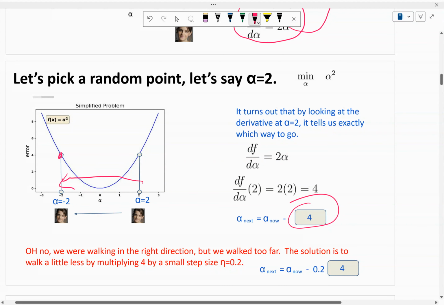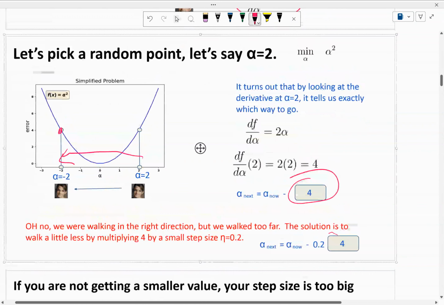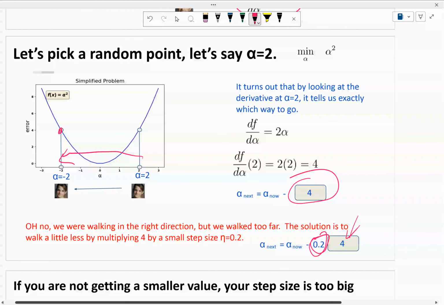So what we could do is, instead of walking completely in a particular direction, we walk a tiny bit. We multiply by 0.2, so we're not walking a lot, just a little bit in that direction.